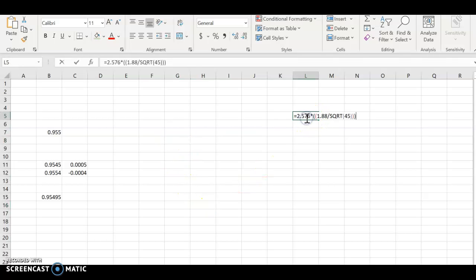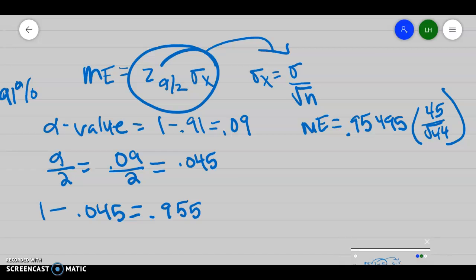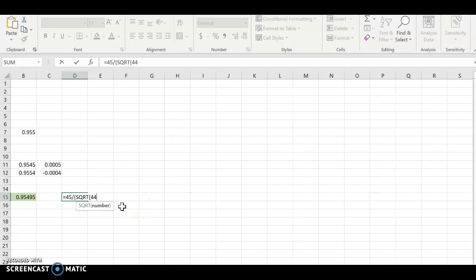So first let's just put in, we already have our number for Z, so I'm going to remember that, and I'm going to do over here, I'm just doing the standard error, the standard deviation, which is 45 divided by the square root of 44.